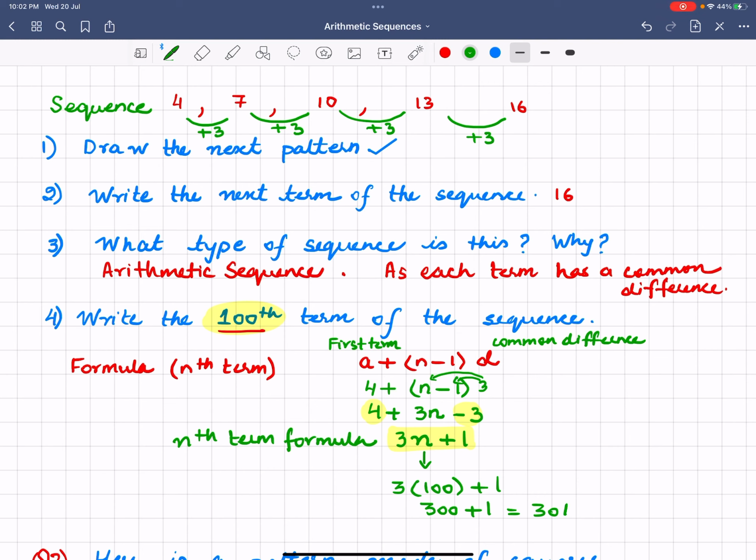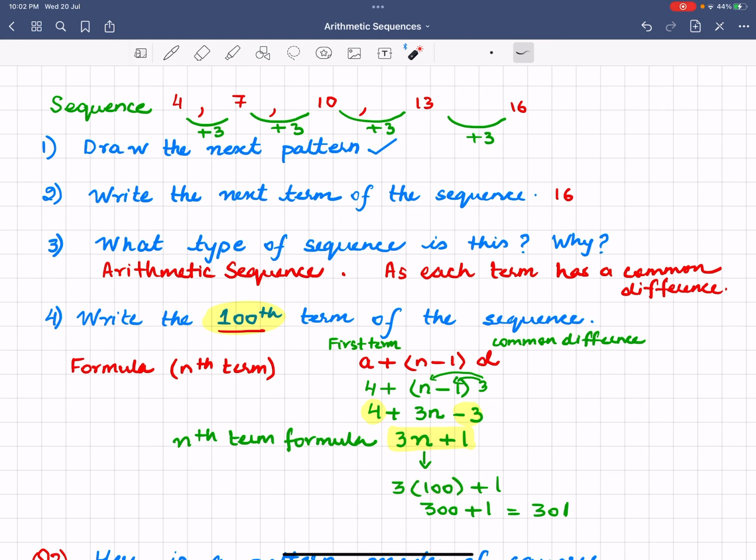So the 100th pattern will be made up of 301 sticks. In this way, we can also find, for example, how many sticks the 1000th pattern will contain, or any pattern. All we need to do is replace the n by the term number that we require. So if we want to find the 200th term, we will replace the n by 200 here, and hence we will find the number of sticks used.